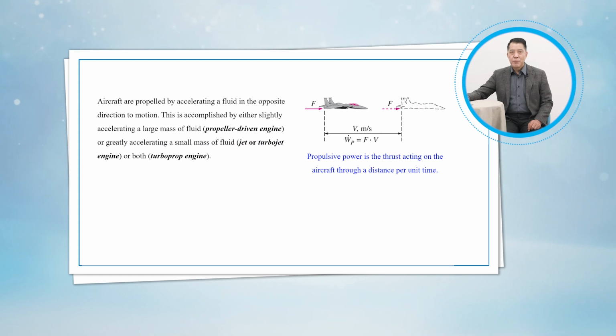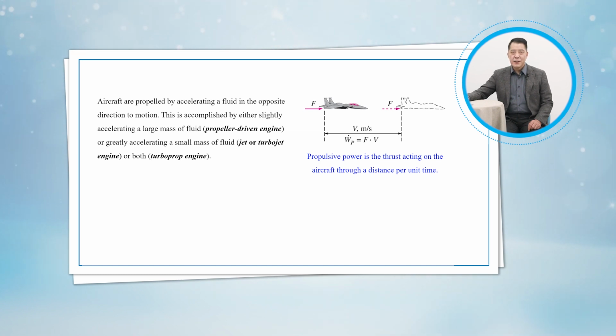Aircraft are propelled by accelerating a fluid in the opposite direction to motion. This is accomplished by either slightly accelerating a large mass of fluid or greatly accelerating a small mass of fluid, or both.